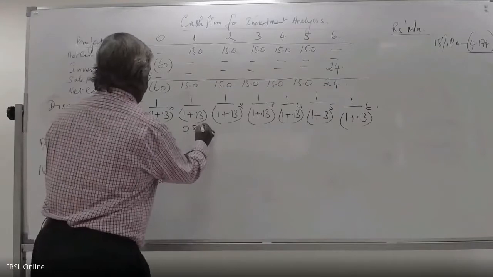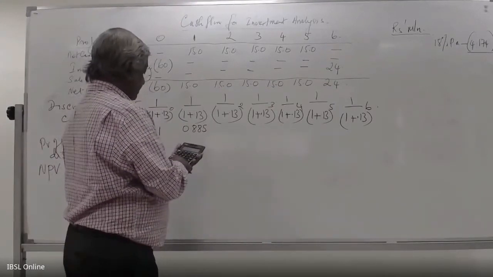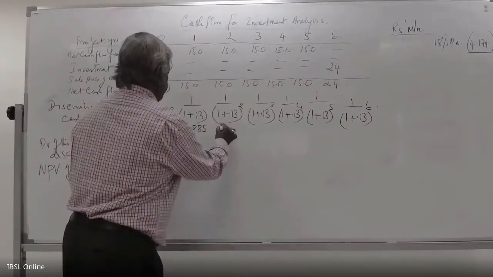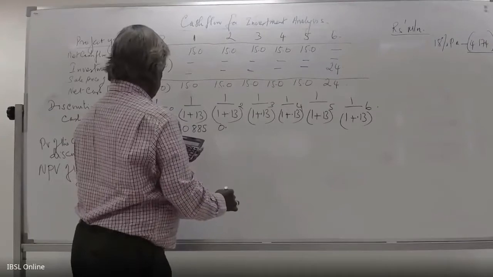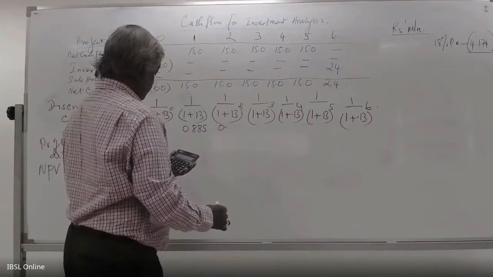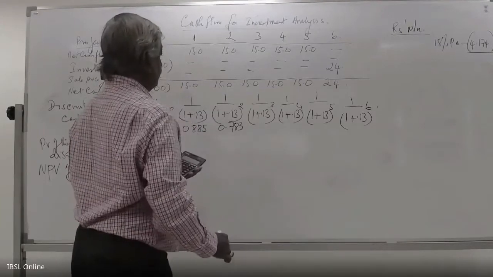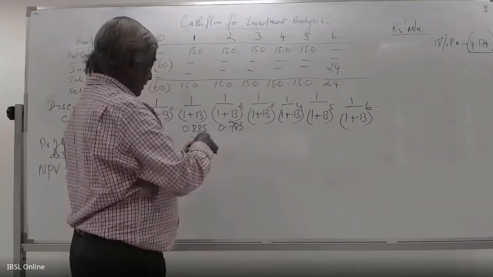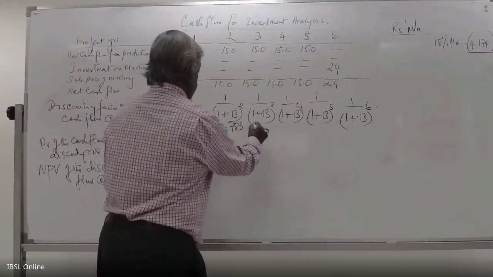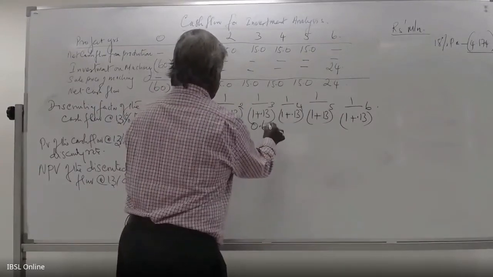0.8849. So I say 5. Again, divide by 1.13. So 0.783. Again, divided by 1.13. I press equal sign. 0.693.